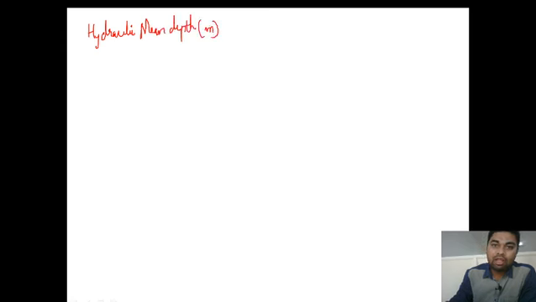Now to calculate hydraulic mean depth, that is M, for maximum velocity, we know that the formula of hydraulic mean depth is area by perimeter.